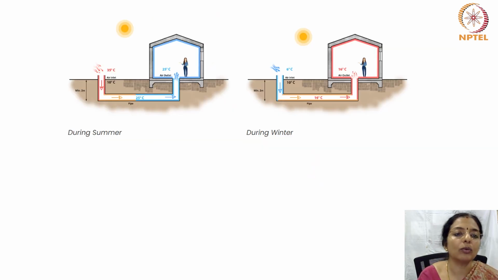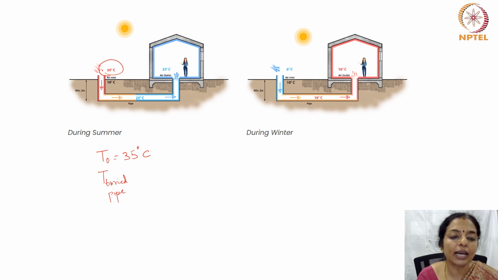During summer, what happens? The outside temperature is about 35 degrees centigrade. So, T outside is 35 degrees centigrade, whereas the temperature in the buried pipe is approximately 25 degrees centigrade because of its contact with earth, which has a lower temperature.